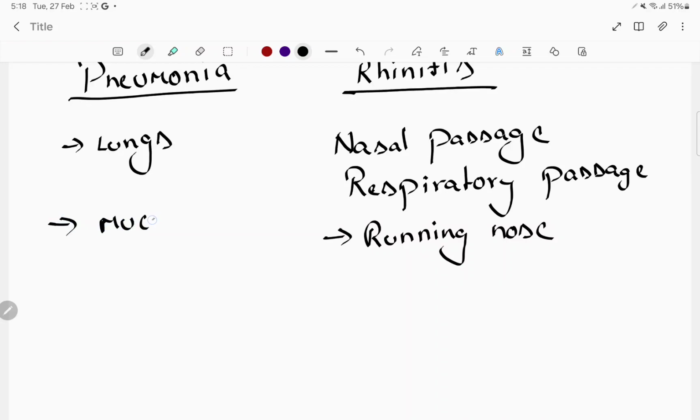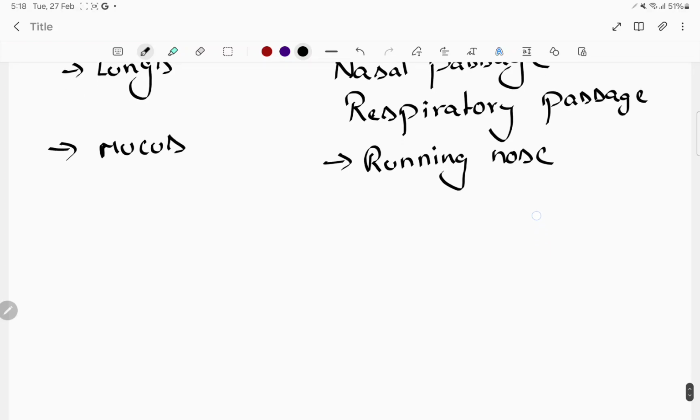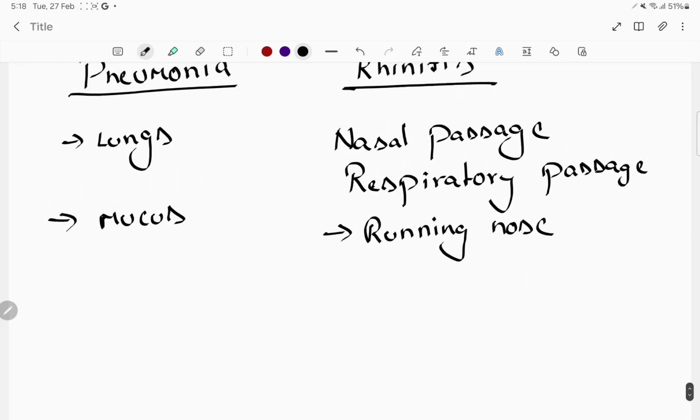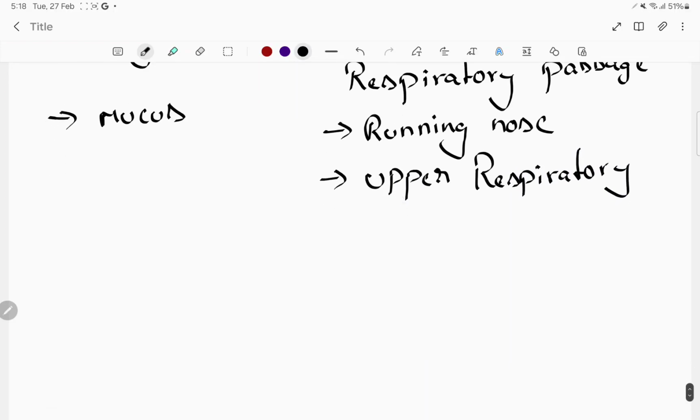Mucus is accumulated in the chest region. This is called upper respiratory infection. This we call lower respiratory infection.